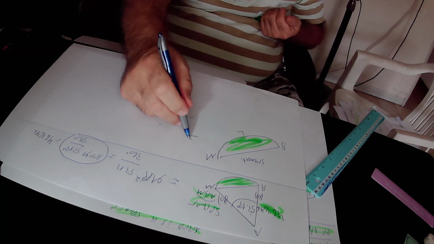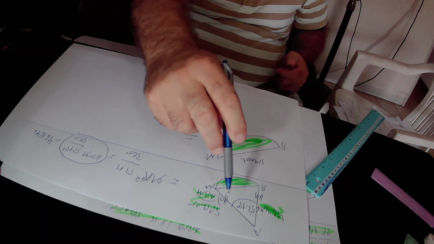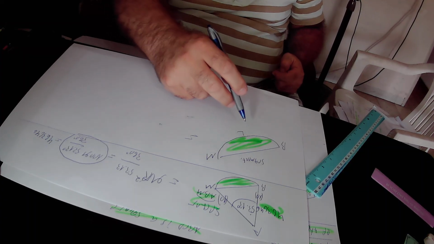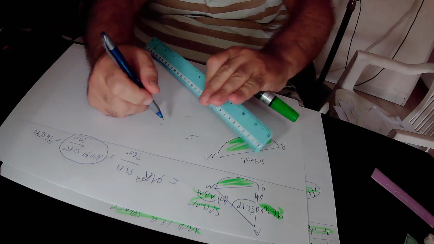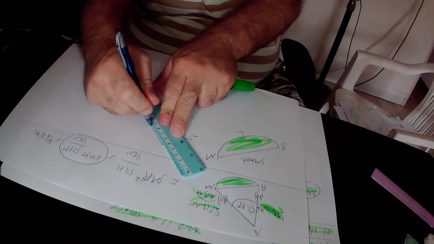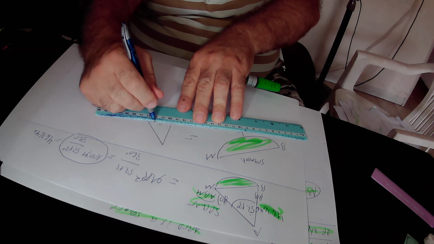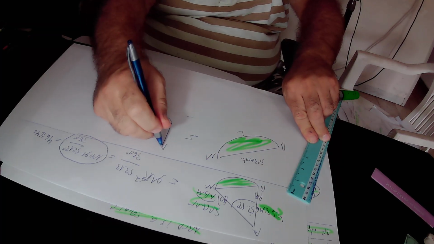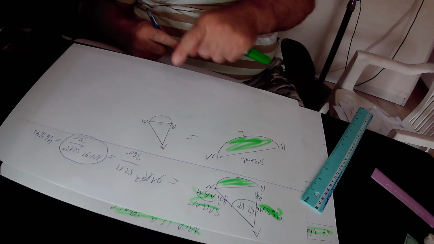From the drawings, it's very easy to see that the area of this segment BLM equals the area of the big sector ABM minus the area of triangle ABM. This is sector ABM.